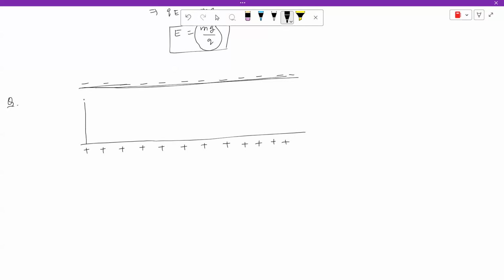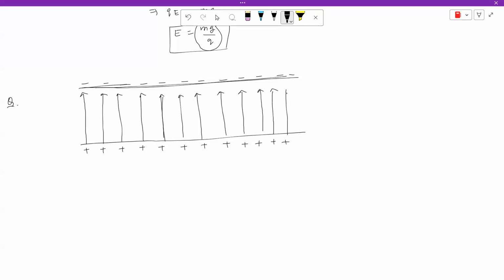So this is the direction of the electric field, from positive to negative, right? And this electric field is uniform.